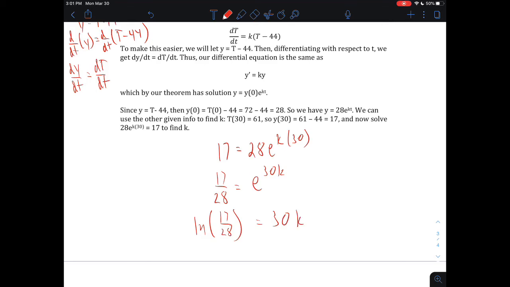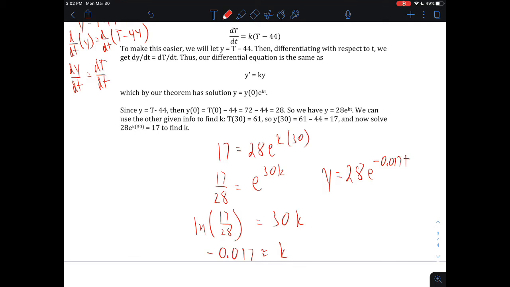So then we take the natural log of our fraction 17 divided by 28, and then divide that by 30, and that gives us approximately, again, a negative k value because we're talking about decay in this cooling instance, negative 0.017 is approximately equal to k. So that means that our function y is equal to 28 e to the negative 0.017 times t.